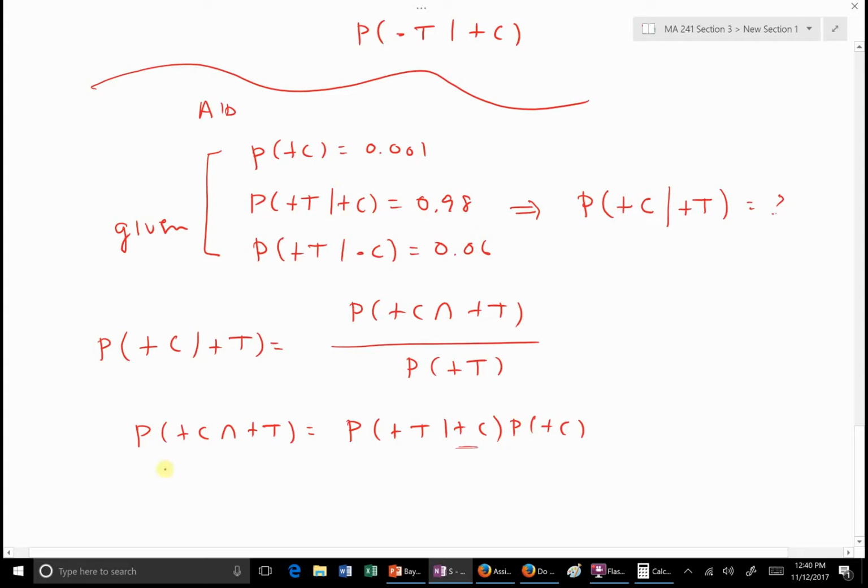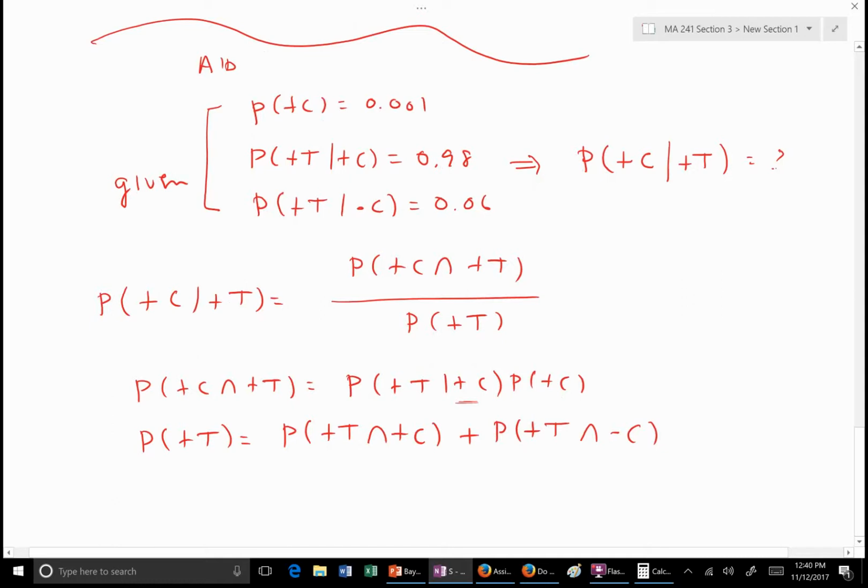Likewise, I can re-express the probability that a person has a positive test because they either have a positive test and they have the condition, or they have a positive test and they don't have the condition. And again, I can rewrite each of these intersections using Bayes' formula.